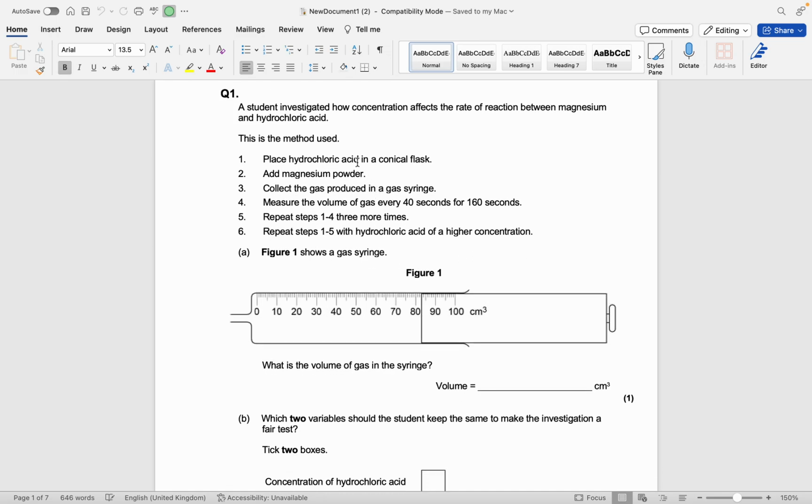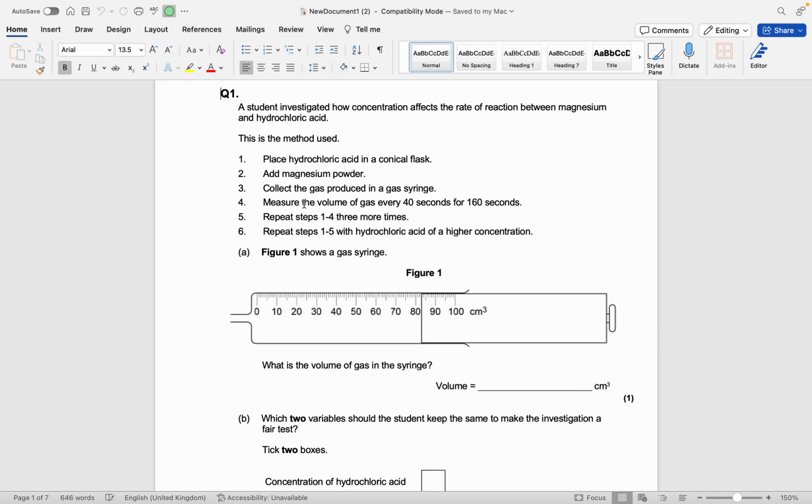So if you just look at that method for a second, if I got this question, I'd be thinking, well, how much hydrochloric acid do I put in the conical flask? How much magnesium powder do I put into the hydrochloric acid?